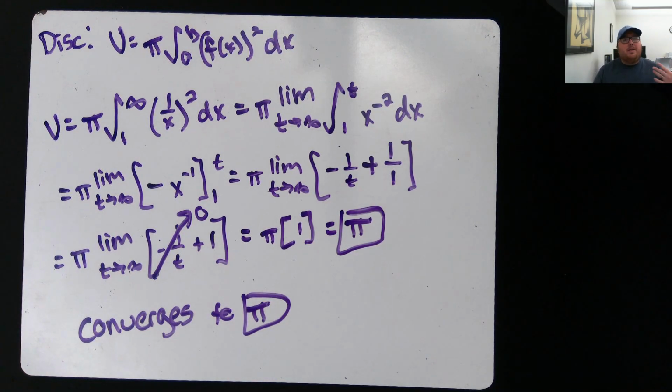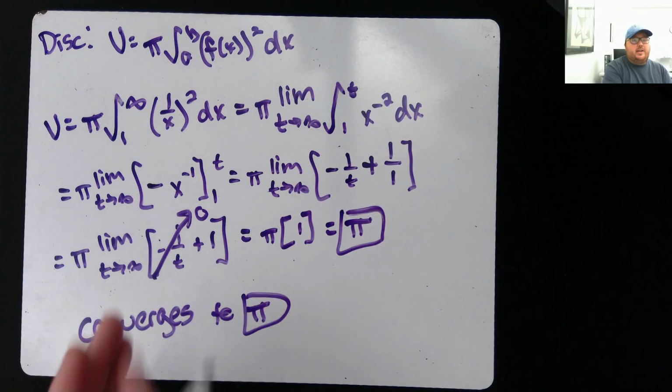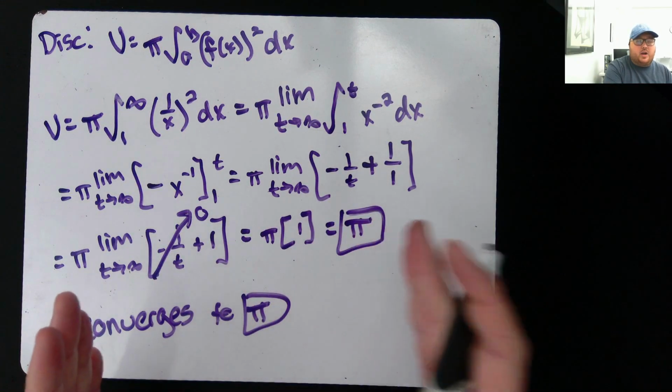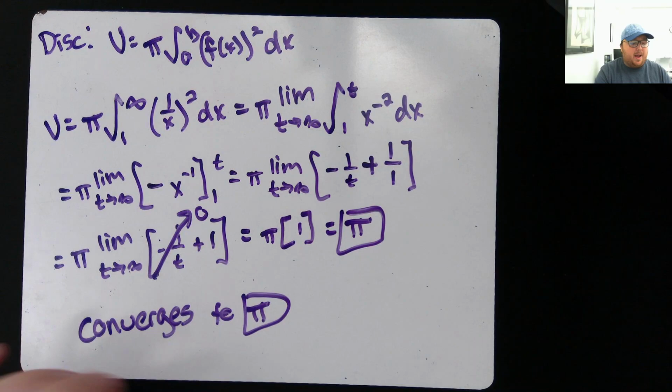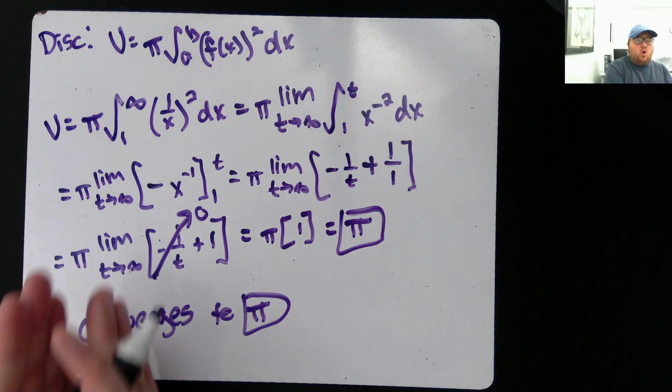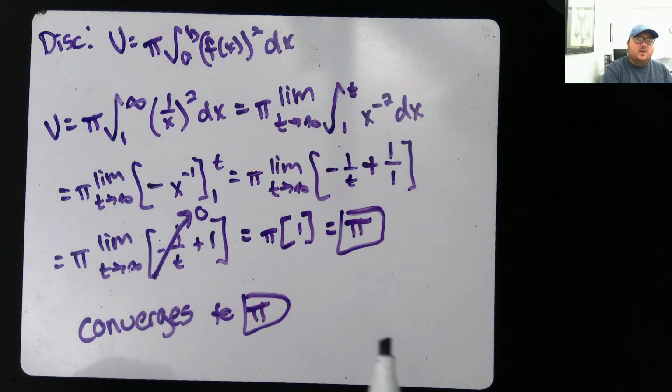Now, you may be thinking, how does it make sense to have a number there? Because if it's infinity, it's just going to keep going and going forever. So how does it make sense to actually stop at pi? Well, the reason is that as x grows bigger and bigger, the amount of space there is getting smaller.